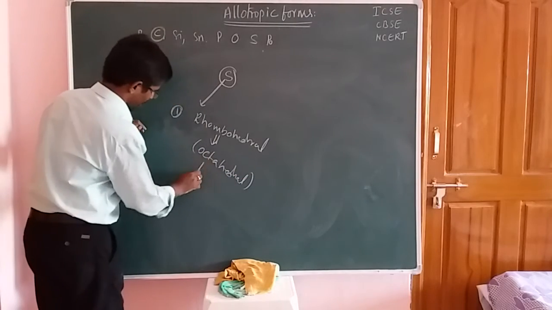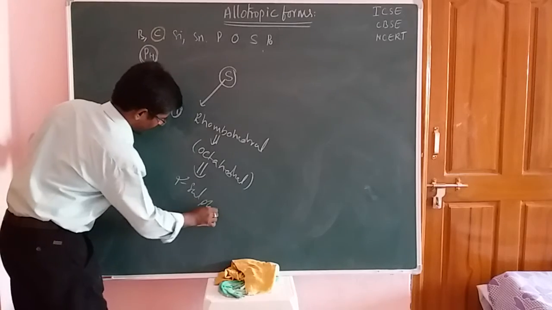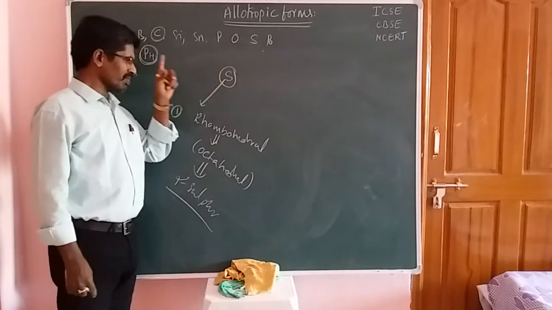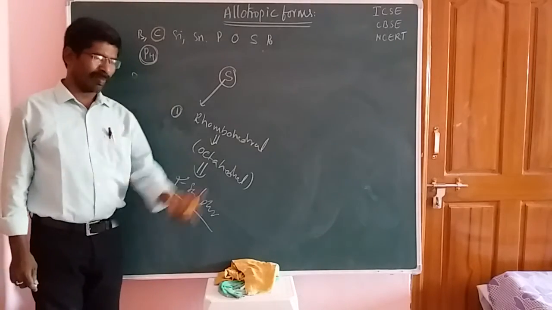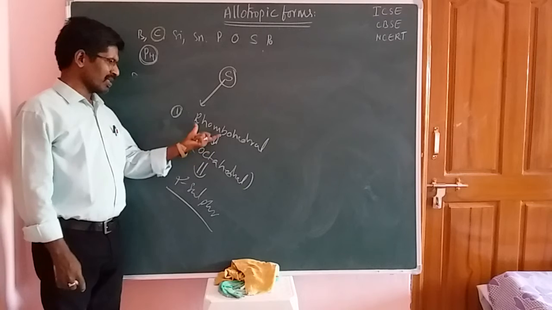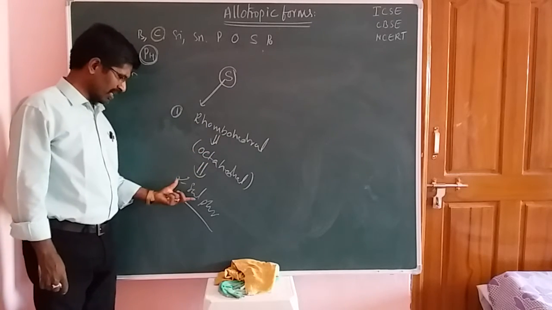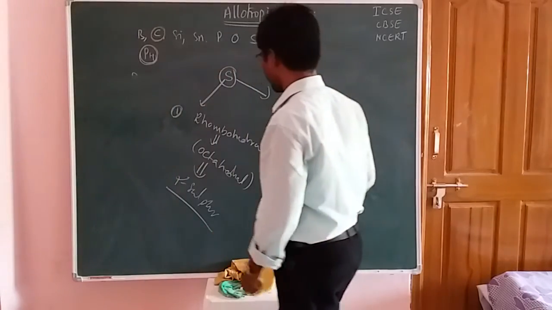This is known as alpha sulfur. Sulfur exists in crystalline form and in amorphous form. In the crystalline form, rhombohedral sulfur exists in an octahedral manner, and it is alpha sulfur.